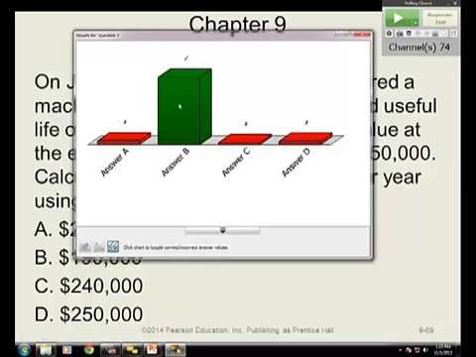Since some people got it wrong, I will spend at least another few seconds on this. You have to take cost minus the estimated scrap value over the estimated life, and this is known as depreciable cost.